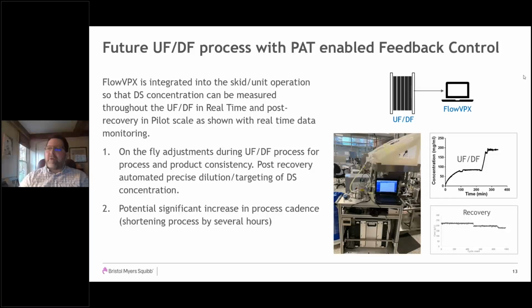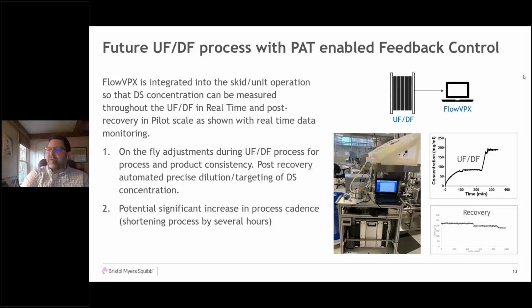But what you can do, and this is something I don't even show pictures of, is set up a VPX system that would circulate the material that's been recovered in a loop and allow you to concentrate, using the inline readings, to the proper purified drug substance, which is pre-formulated drug substance, and then even add the formulation materials, which, like I said, are the PS80 and something like EDTA, and then hit your final drug substance concentration.